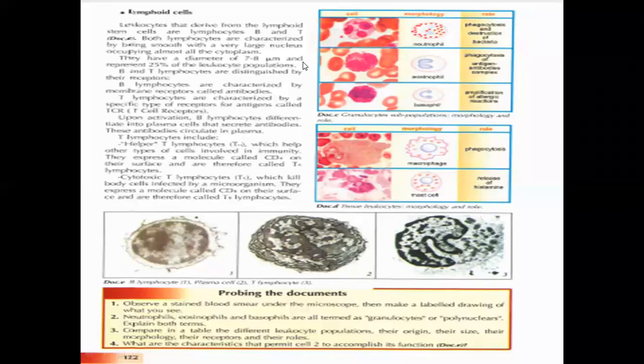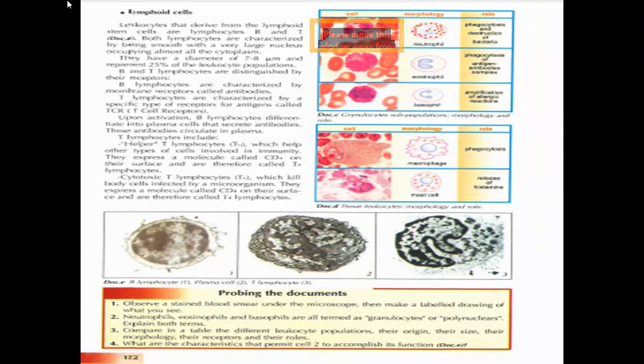Upon their activation, B lymphocytes will differentiate into plasma cells. Plasma cells are able to secrete antibodies. In the endoplasmic reticulum, the ER, it has an important role in the production of proteins, and one of these proteins is antibodies.